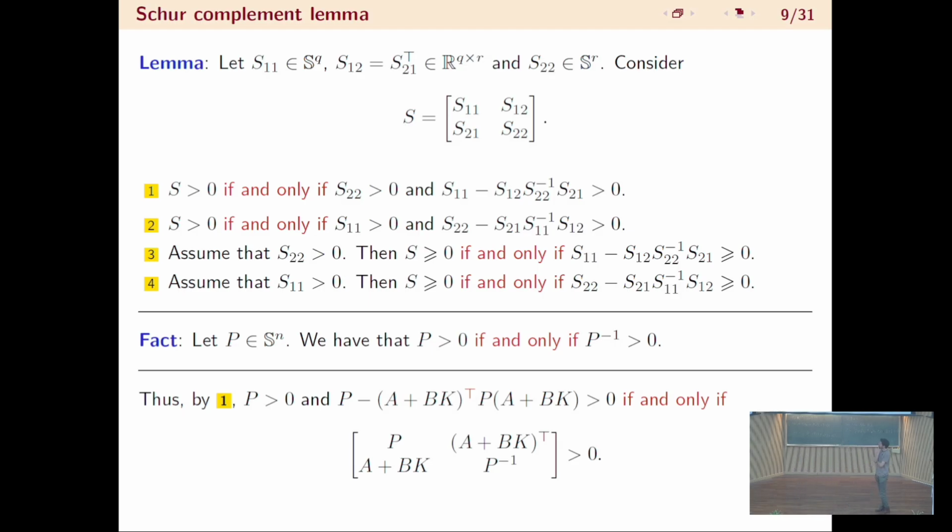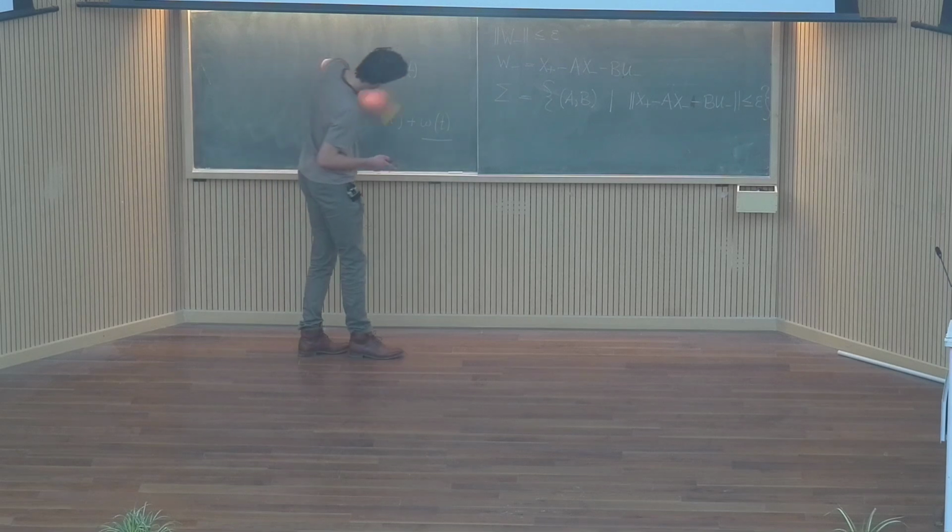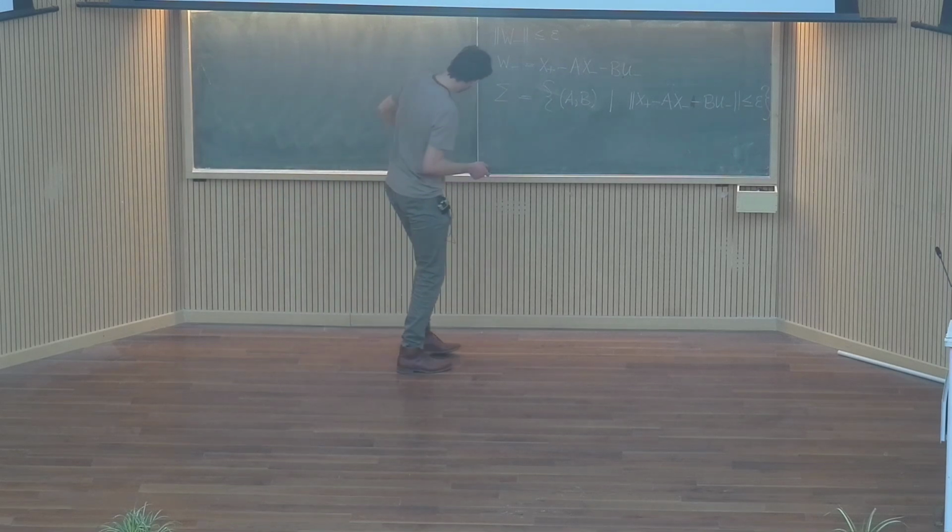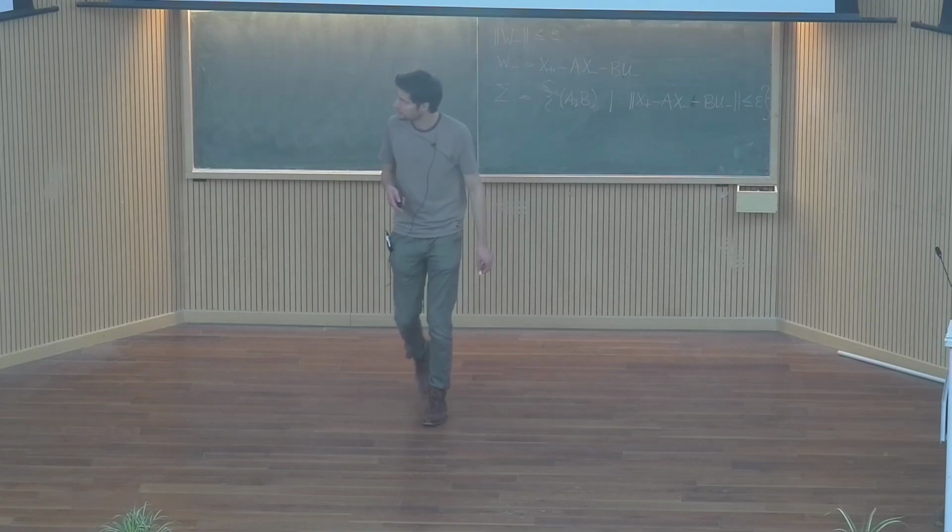Well, let's try to see this in action. So I'm going to work a little bit with the Lyapunov inequality that we had in the previous slide. So remember that before we defined this notion of informativity for quadratic stabilization.